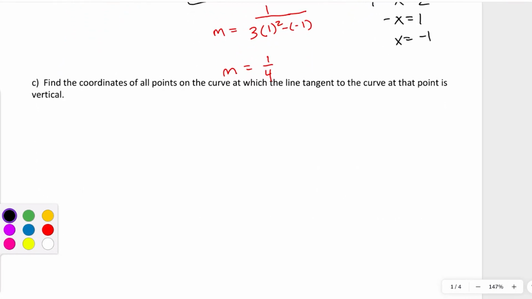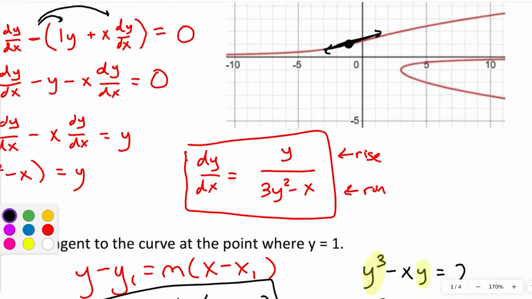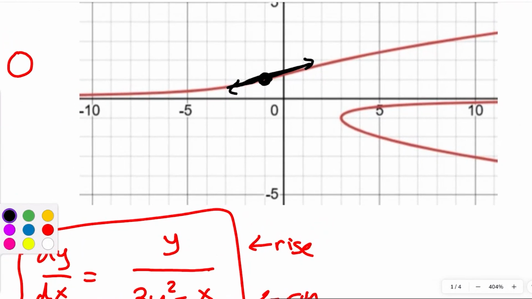All right, part C says, find the coordinates of all the points on the curve where the line tangent to the curve is vertical. Now, if I look at this curve, and typically you would not have the graph, but if I'm trying to come up with an answer based on this graph, where is the tangent line vertical?